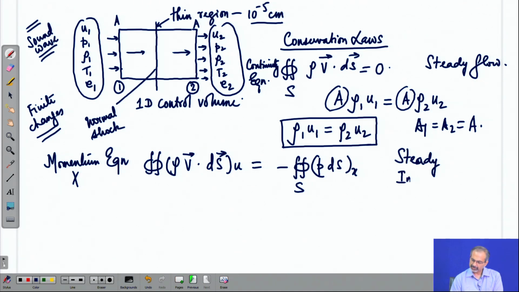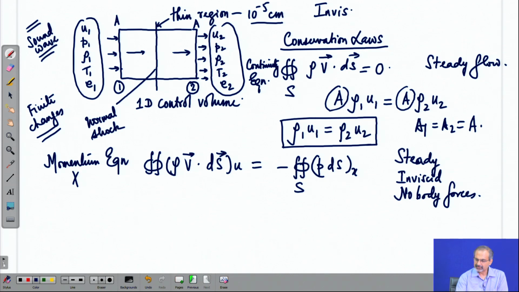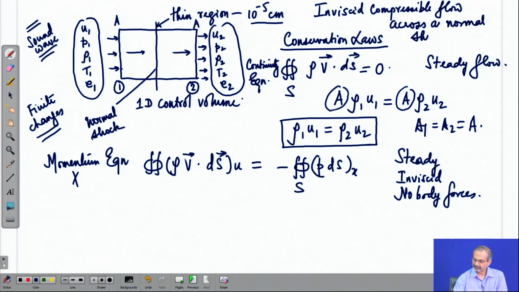Then we are assuming it to be an inviscid flow. So, viscous terms on the right hand side of the equation will not be there, plus there are no body forces. So, these are the approximations that we are doing. That means, we are essentially talking about inviscid compressible flow across a normal shock. Additionally this inviscid flow is a steady flow plus there are no body forces.